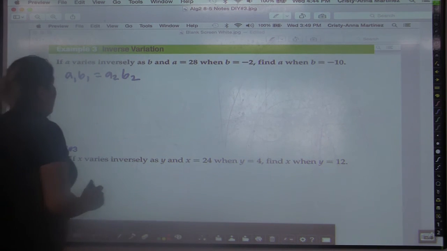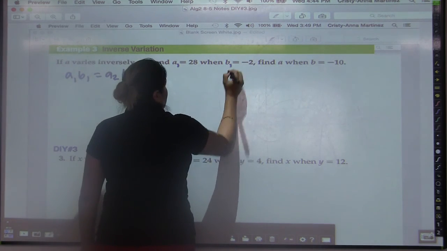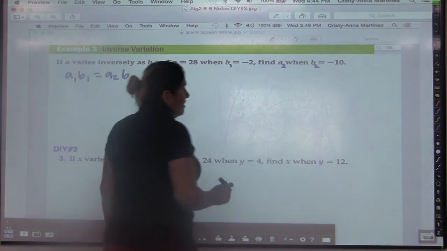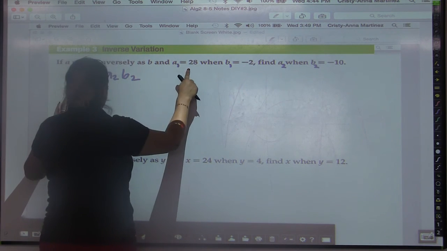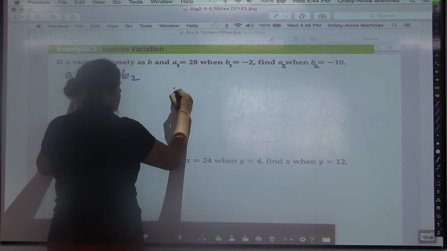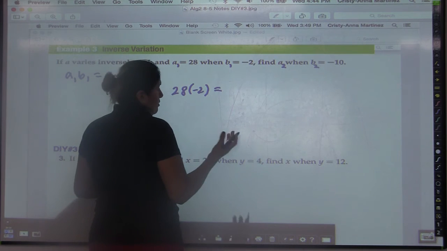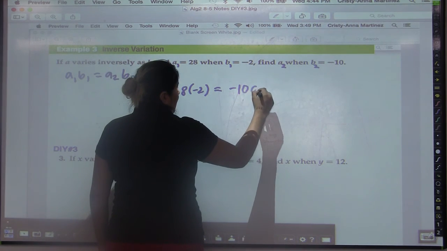And so here we have that a1 equals 28 and b1 equals -2. They want us to find a2 when b2 equals -10. So we just plug in our information. For a1 we're going to get 28, b1 is -2, and then for a2 that's what we're actually trying to find, but b2 is -10, so we get -10a.